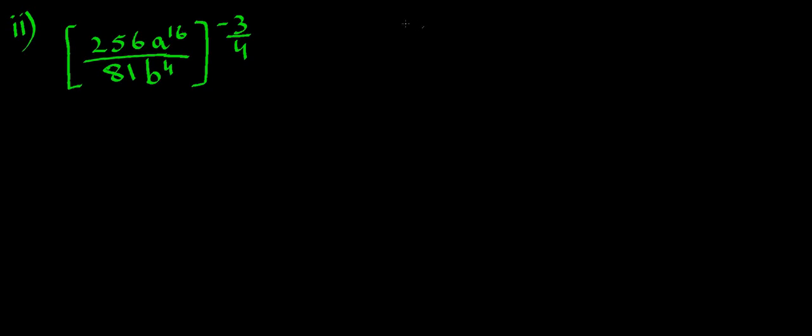Now 256, 8th graders, I'm sure you should learn your powers, your cubes and squares. If you've learned it well, you will know 16 square is equal to 256. Now when you have 16 square as 256, 16 is also a square of something. Yes, if you've said 4, you're absolutely right.